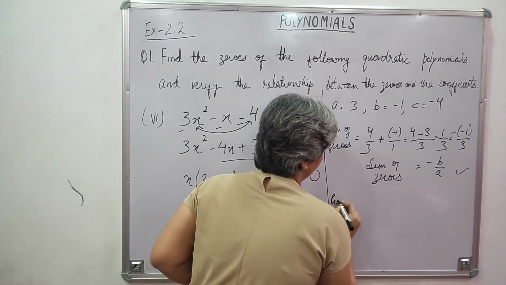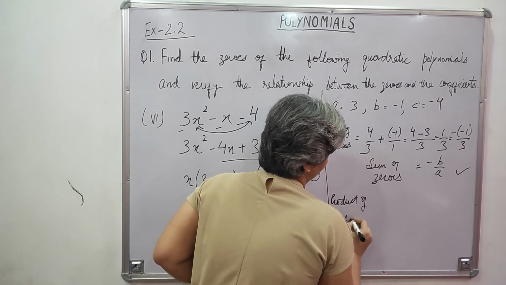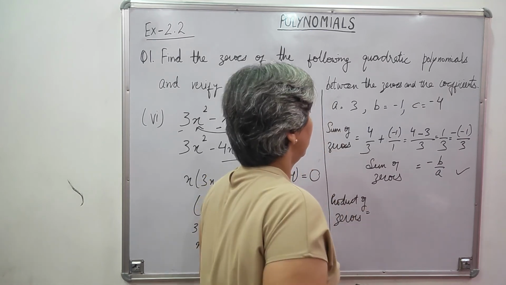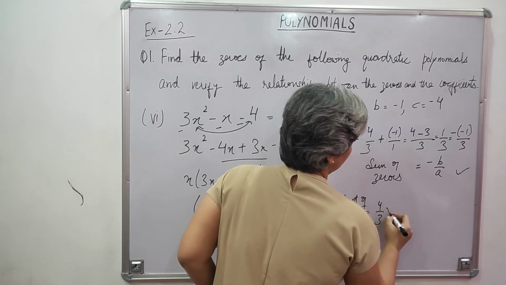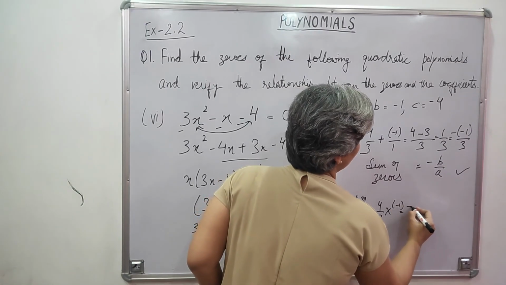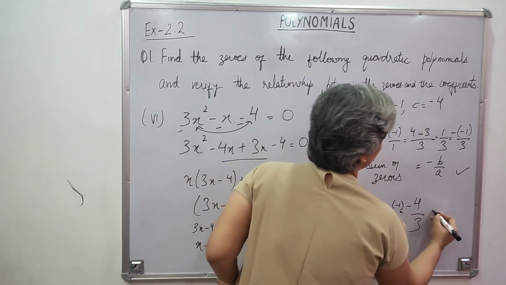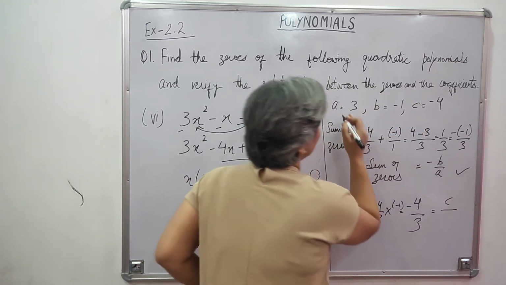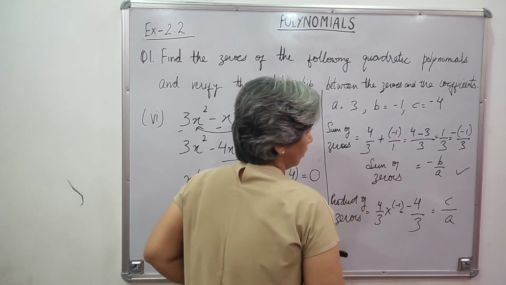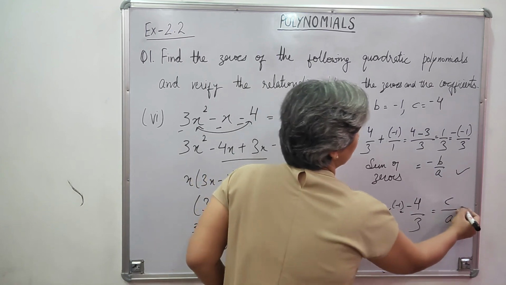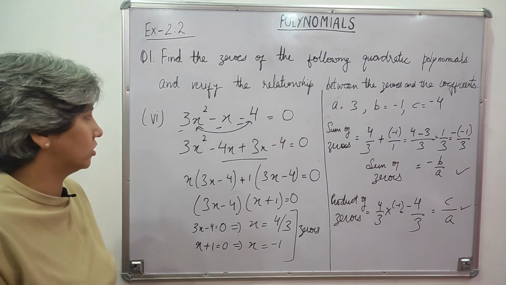Now let's do for product of zeros, right? So we have 4 by 3 into minus 1, which will be minus 4 by 3, and as we can say, minus 4 is C and A is this, right? So product of zeros is equal to C by A. So this also is verified, the relationships.